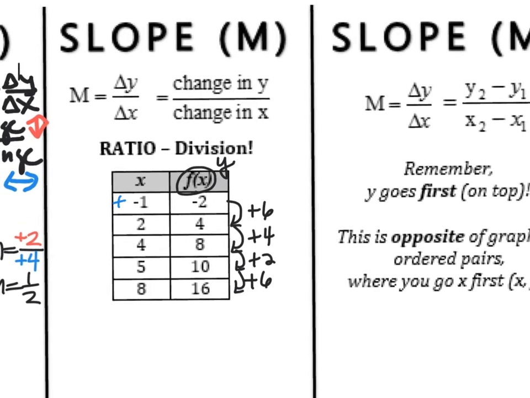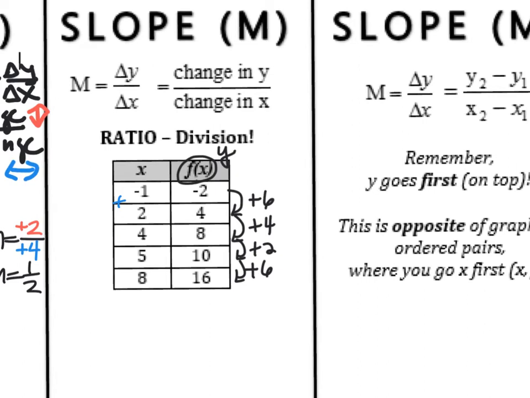So let's look at the x side of the table, and we are increasing by 3, and then by 2, and by 1, and by 3. Now when it's the same on the y side, it should be the same on the x side, and you'll get the same ratio every single time.